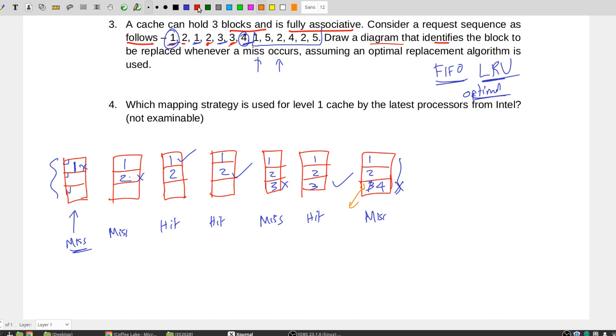So now 4 is in, 3 is out. And let's see which one is the next one that is requested. The next request is for block number 1, right? And block number 1 is already present, so you have a hit.